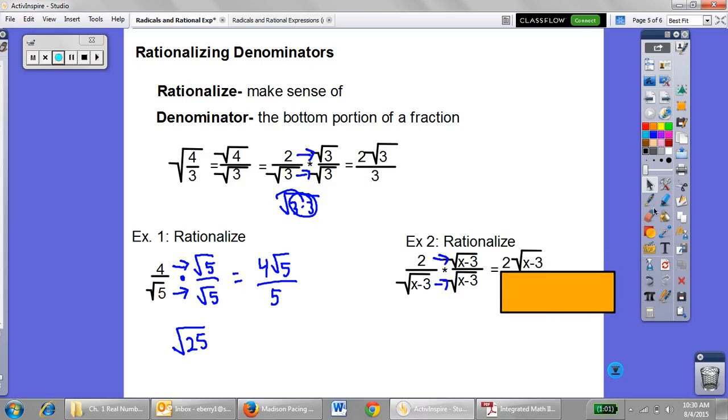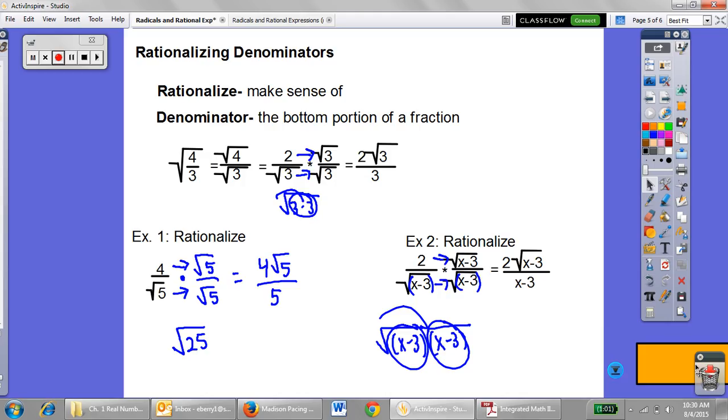When you multiply the denominator, it's the same as before. Take this as a whole part here. So we have the square root of x minus 3 times x minus 3. There's 2. And again, this is a pair. So we can circle this pair and take it out. So we're left with x minus 3 on the bottom.